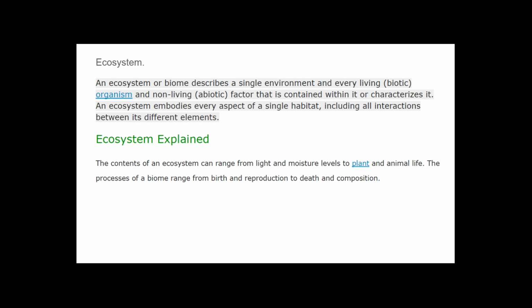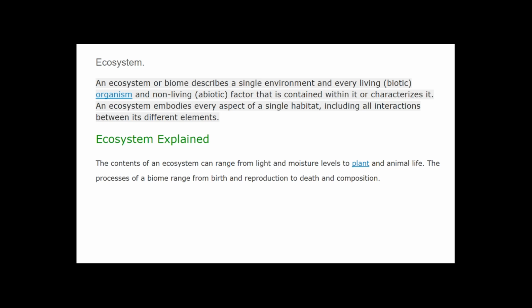Then an ecosystem or biome describes a single environment where every living biotic organism and non-living factor is contained and characterizes it. In fact, there is a difference between an ecosystem and a biome. So a biome really is an ecological area. And when we talk about the abiotic factors, we're really thinking of an ecosystem.